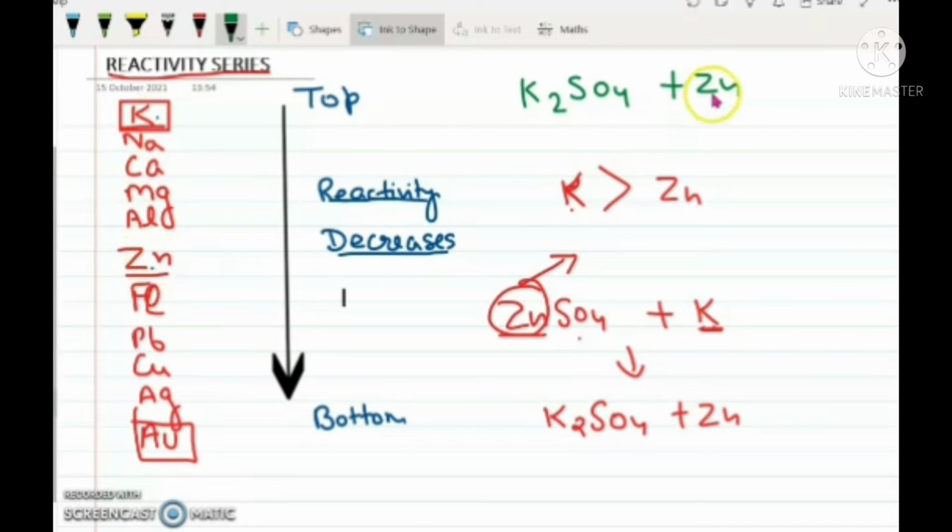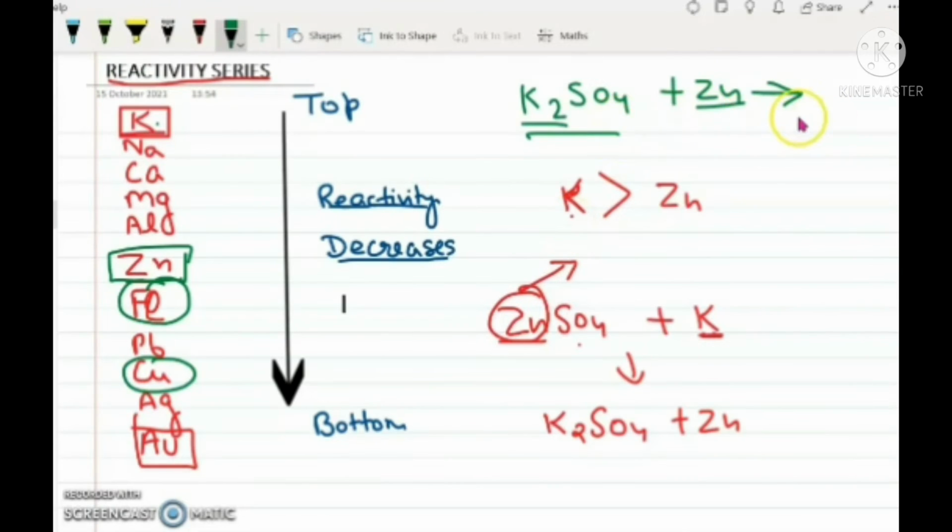Will zinc have the courage to displace the potassium from its salt, K2SO4? No. So what will happen in this case? The reaction will not take place at all, because zinc is a weaker element, and a weaker element cannot displace a more active metal or element from its salt.